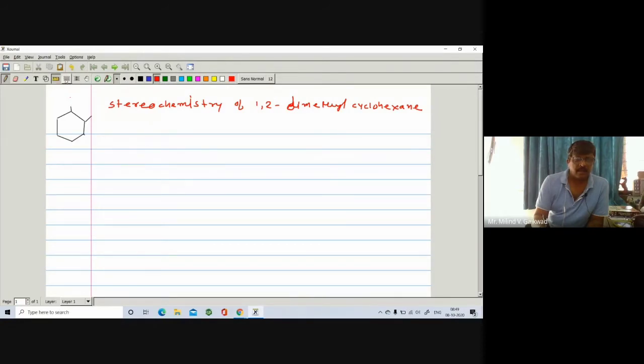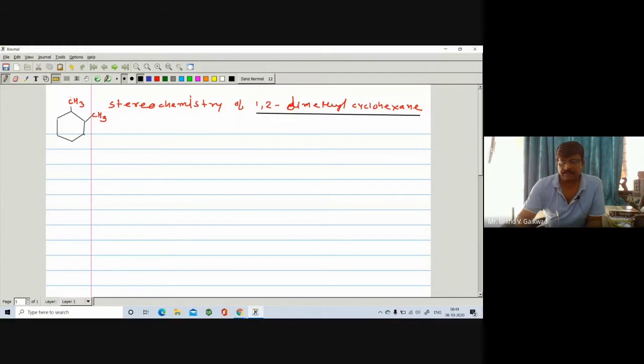So I will take only that. We write that the two hydrogens from the 1, 2 positions are replaced by methyl groups, so it is called 1,2-dimethyl cyclohexane. So we have to learn the stereochemistry of 1,2-dimethyl cyclohexane.